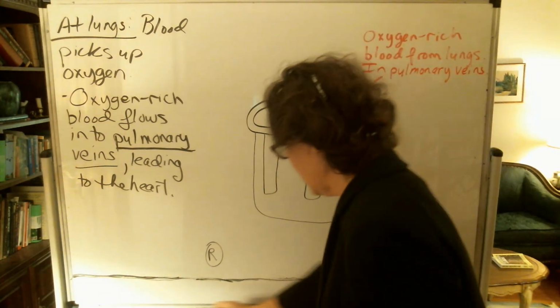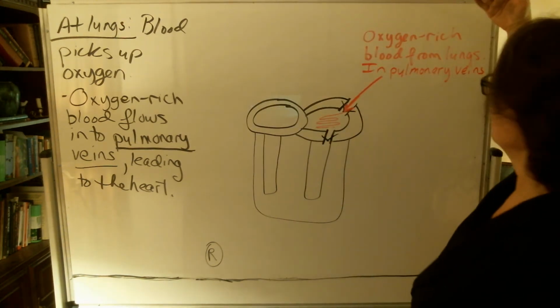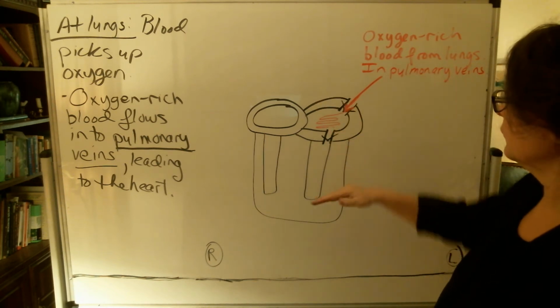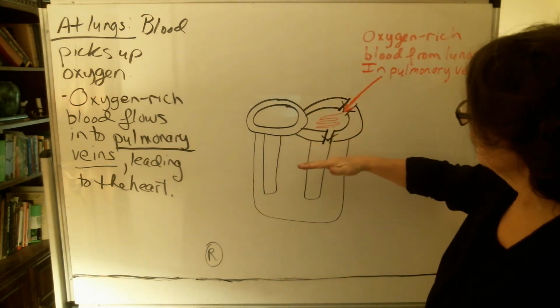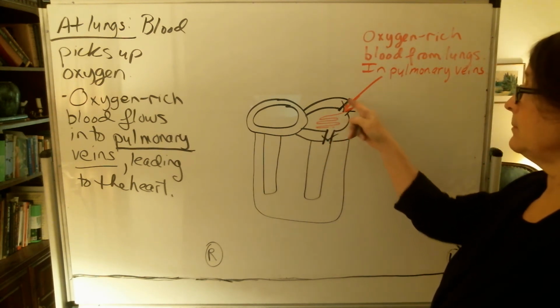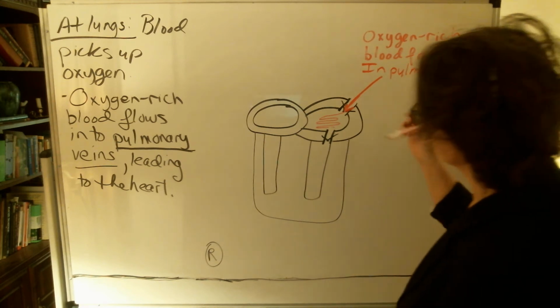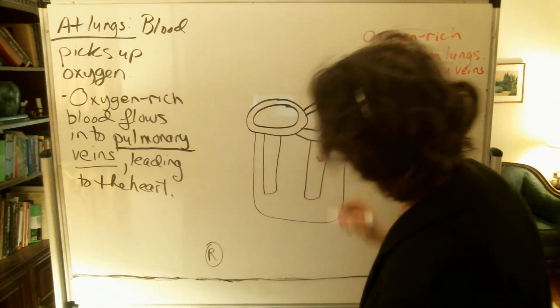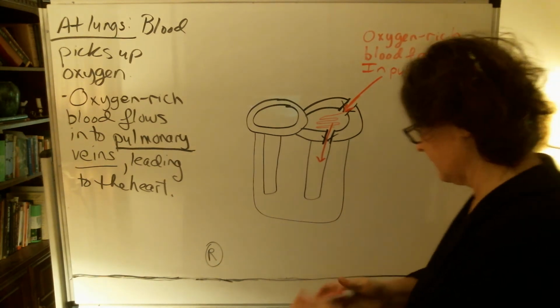So the blood from the lungs has been slowly flowing into the left atrium. The two atria contract. At that point, the blood can't go back out this way because we've got a valve there. So the blood gets squished down into the left ventricle.